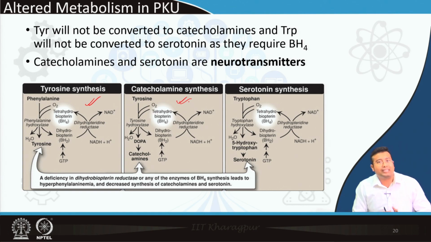Again, it will be taught to you in detail, where tryptophan gives rise to a very important neurotransmitter, that is serotonin. So, you see, whether the enzyme deficiency means tyrosine is not formed, or even if there is deficiency in the coenzyme tetrahydrobiopterin, it will lead to a situation where important neurotransmitters like catecholamines and serotonin are produced in much less than required amounts in our body, and which will lead to problems, right.